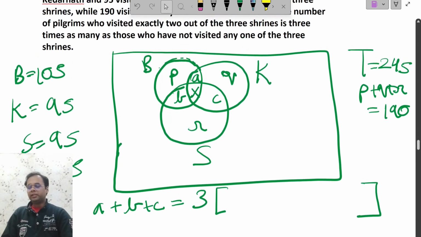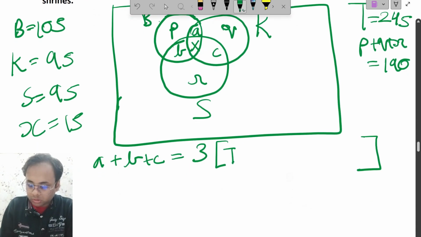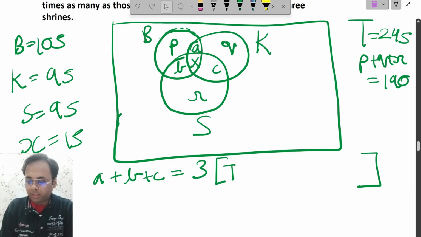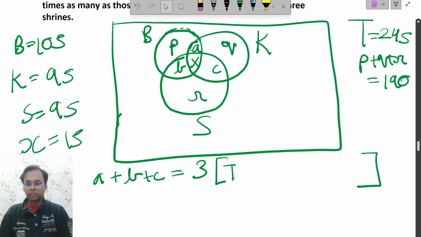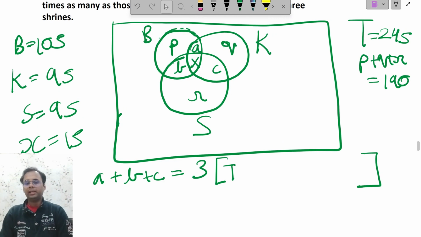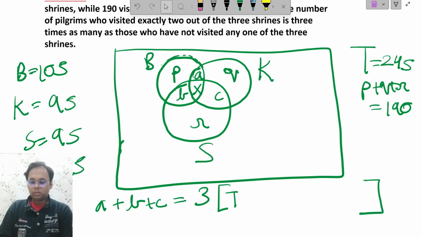So who have not visited any of the 3 shrines? The total pilgrims is T. If I subtract the pilgrims who have visited some shrine, then I'll get the total pilgrims who have not visited any of the 3 shrines. So what is that number? We are not sure what is that number.